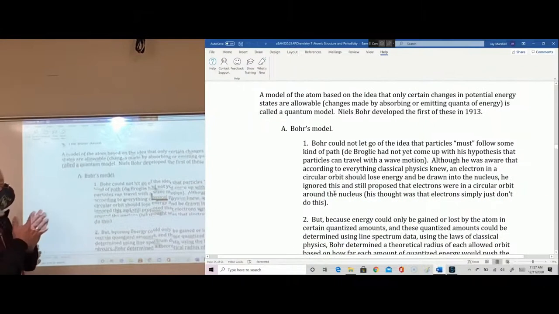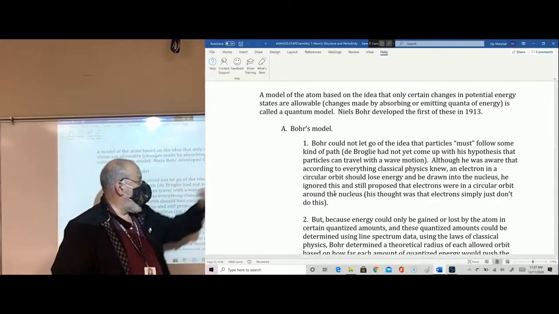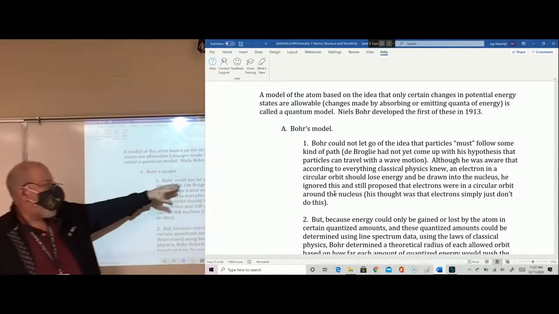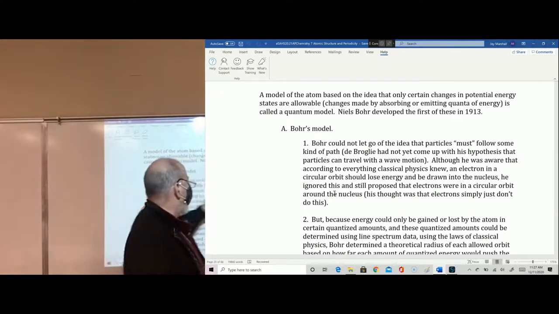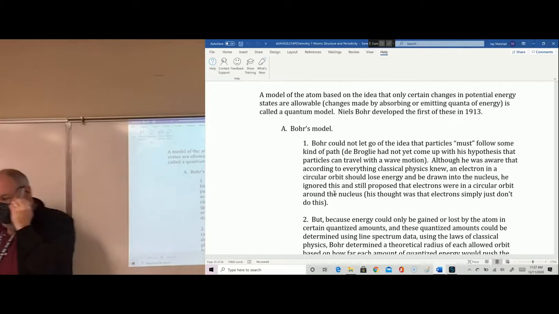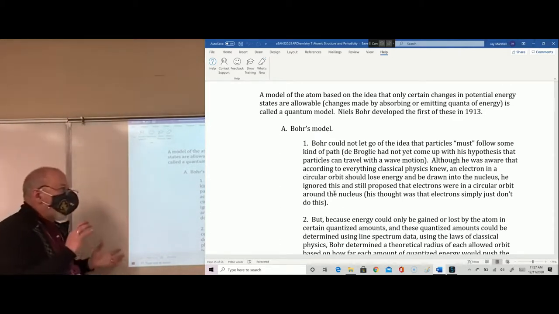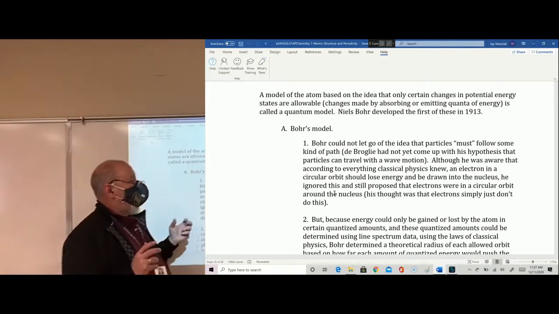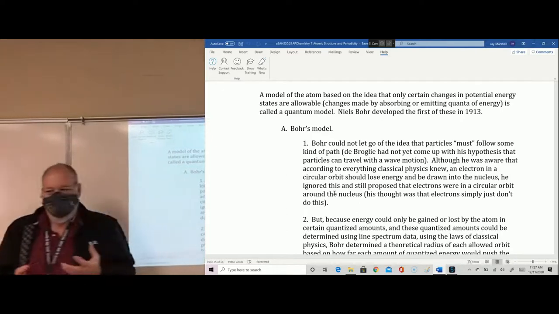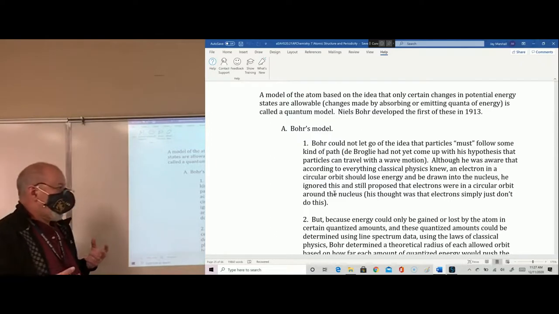Okay, so Niels Bohr unfortunately couldn't let go of the idea that the particles had to follow some kind of path. This is 1913, and de Broglie didn't come up with his hypothesis that particles can travel as waves until the 1920s. So we still hadn't quite figured out that electrons predominantly have a wave motion as opposed to a linear kind of motion.